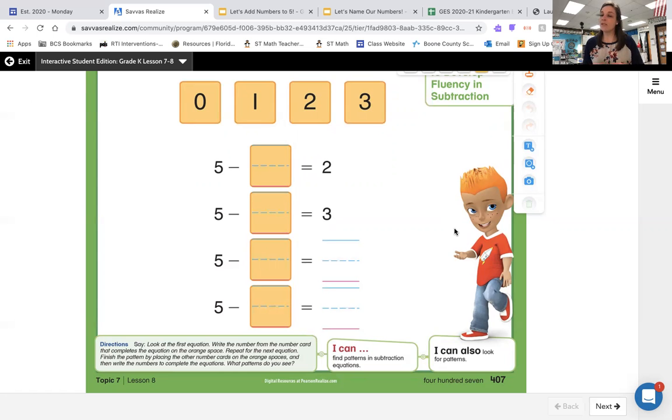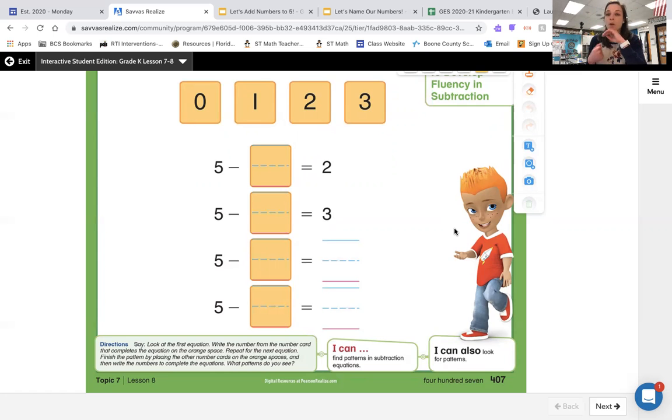So remember, when we subtract, we're taking things away to make our number smaller. So on our solve and share sheet, we have our first example of number patterns. So using number patterns to help us subtract is one of our subtracting strategies. It just helps our brain remember it a lot quicker.